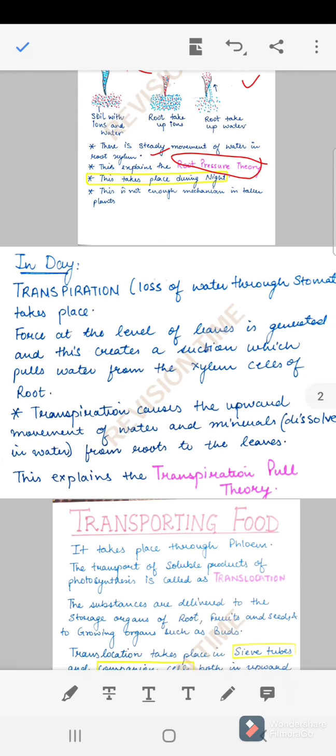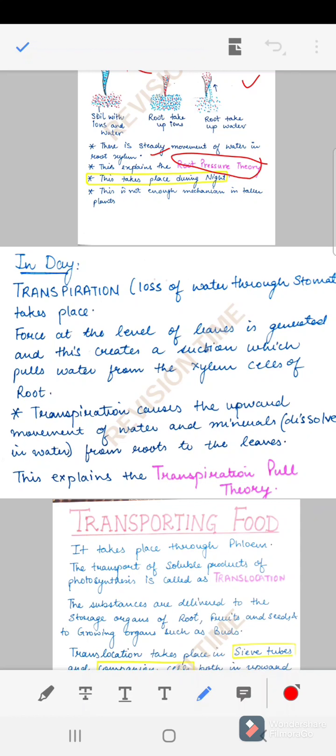So what happens in day? Transpiration occurs, as we all know, in the presence of sunlight. The transpiration occurs, which is the loss of water through stomata, and stomata are the pores present in the epidermal tissues whose working cells are the guard cells.